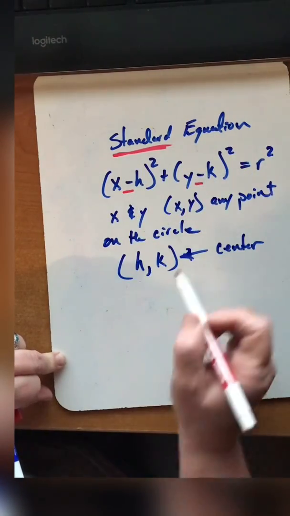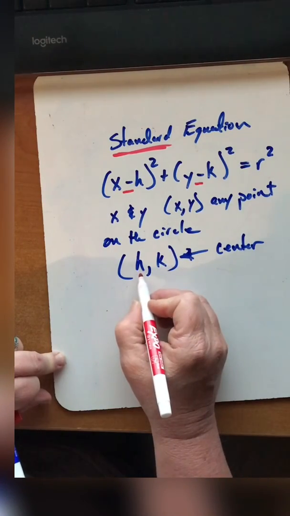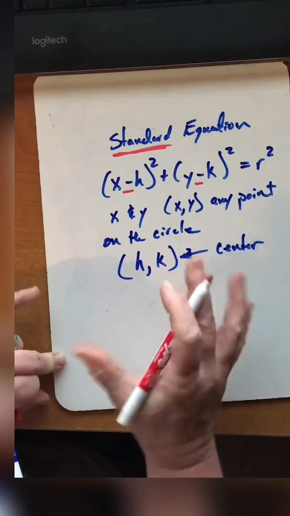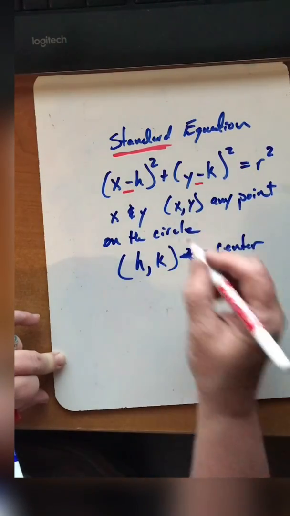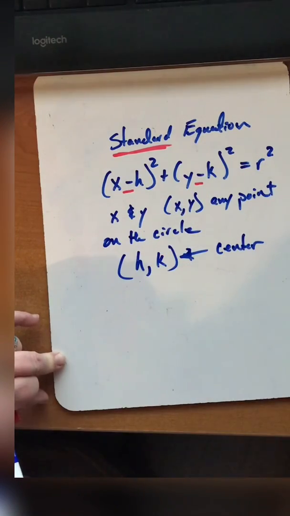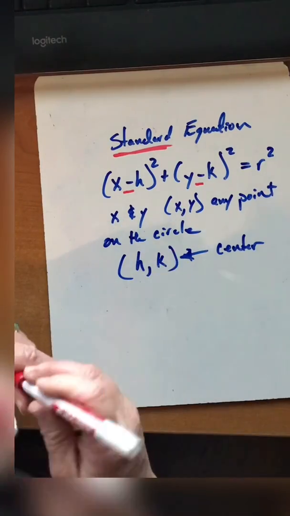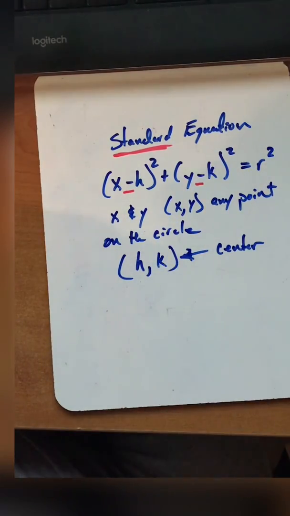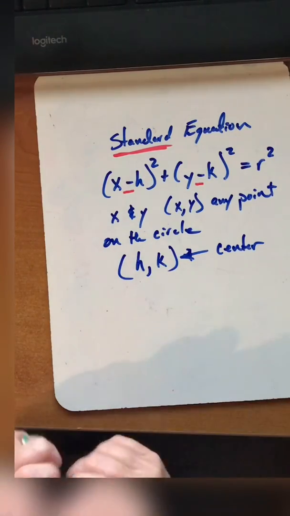So if my center is positive, everybody's positive, then these are going to be minus signs. If these become plus signs, then we've got these points are negative. Okay? So that's the standard equation of the circle.